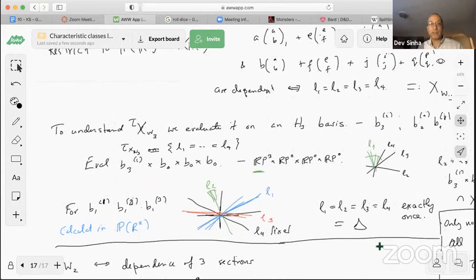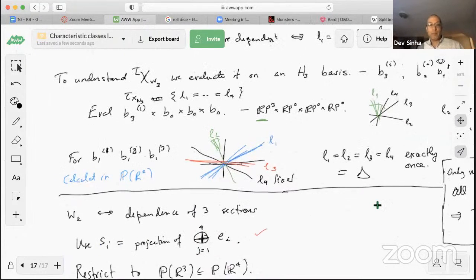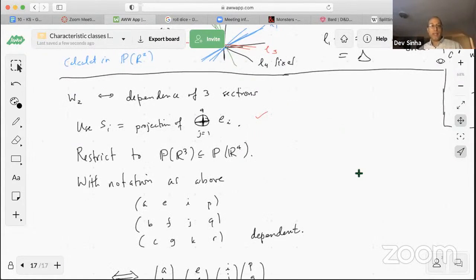That was just A times ABC plus E times EFG, etc., plus I, and I'm just going to call that this row vector AEIP. And if I want 3 sections to be dependent, that means that these 3 row vectors are dependent.